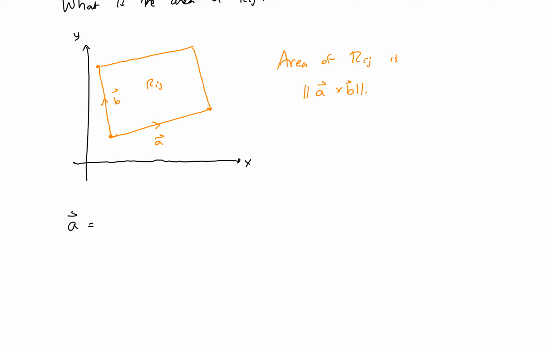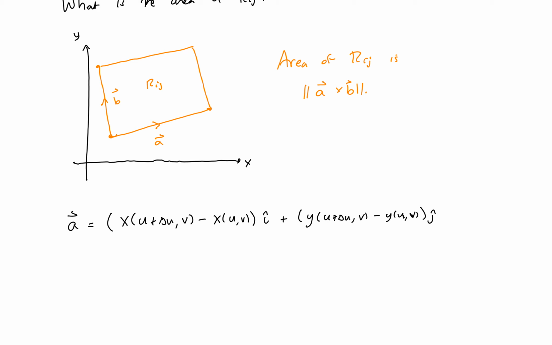So A is the change in the x values: x of (u plus delta u, v) minus x of (u, v) times i, plus y of (u plus delta u, v) minus y of (u, v) times j.